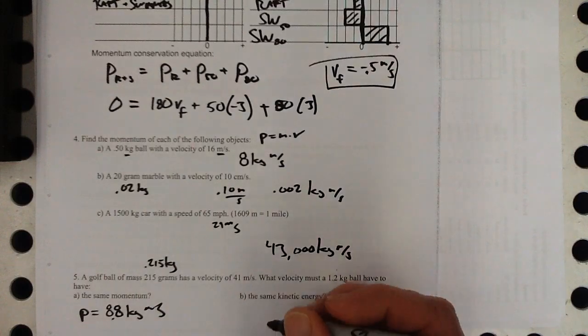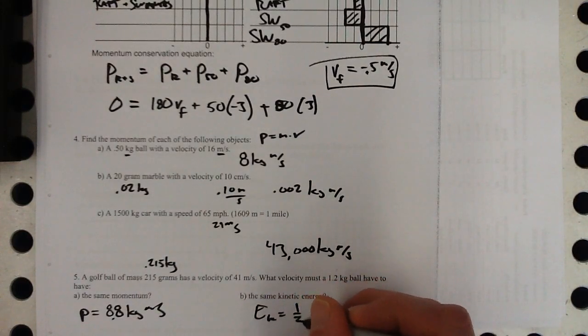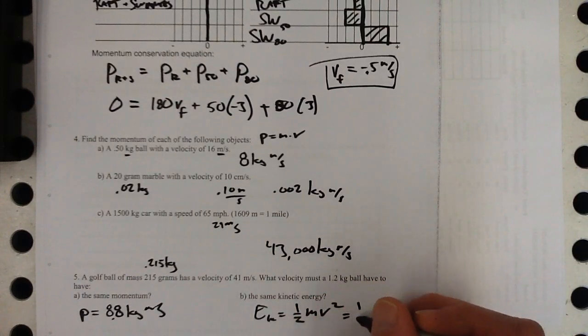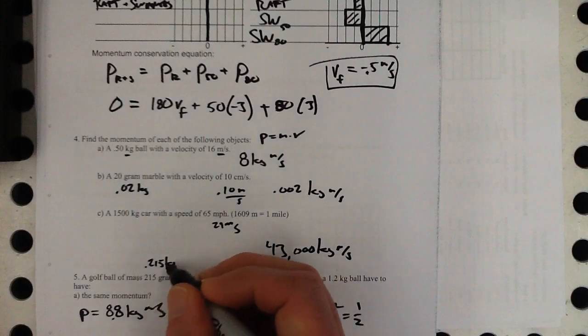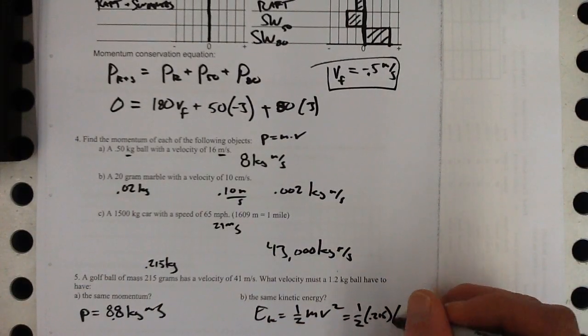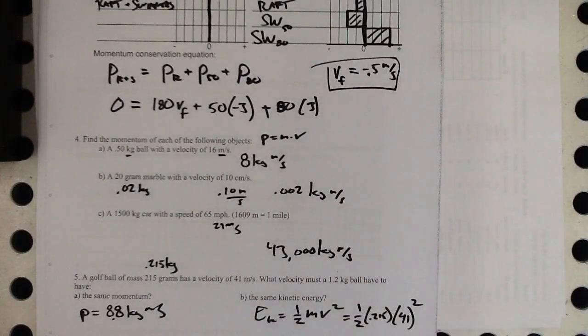How about the same kinetic energy? Well, EK is equal to 1/2 mv squared. That's 1/2 the mass times the velocity squared.